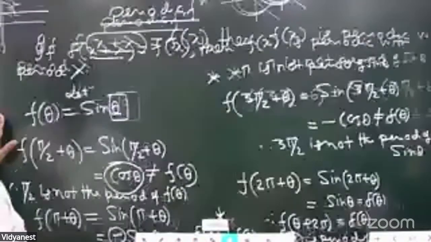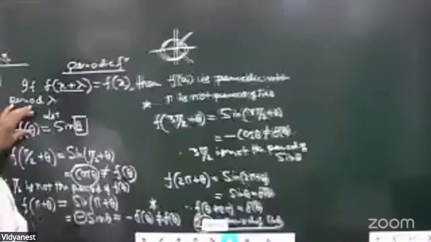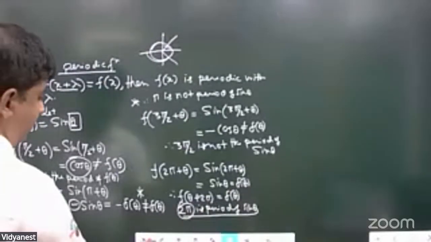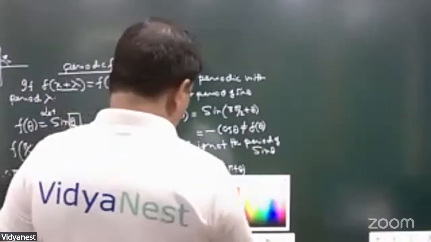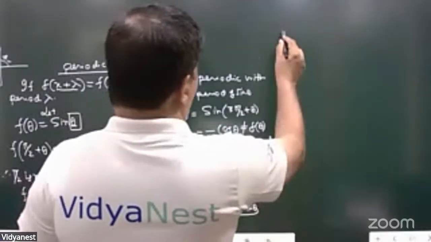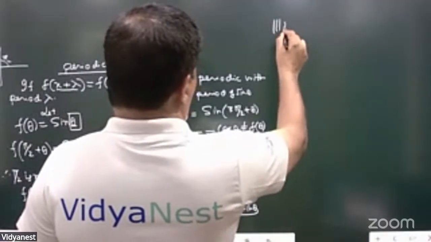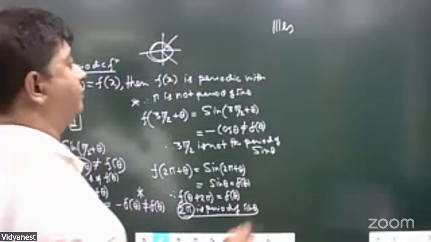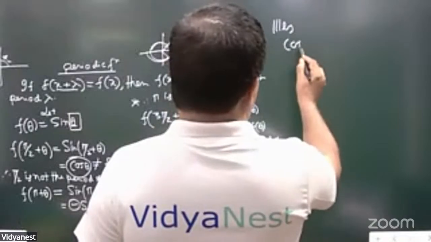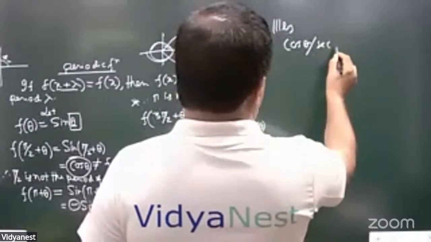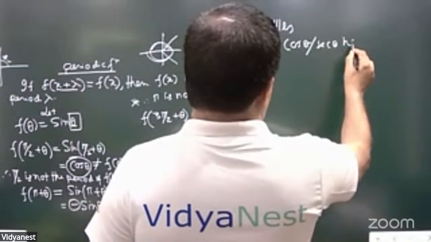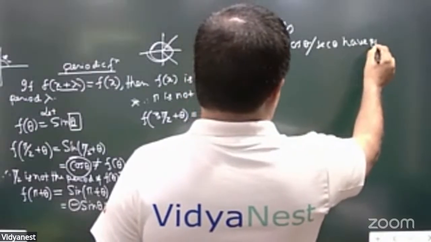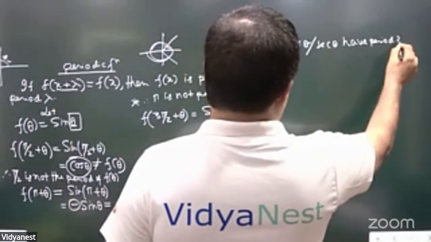In the same manner, the period of cos theta, similarly, in case of cos also, we will get period 2 pi. Cos theta and sec theta have period 2 pi.